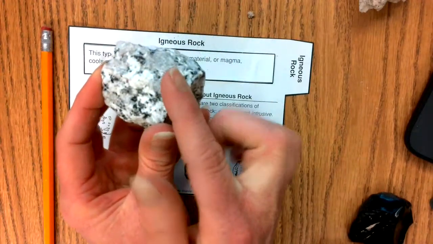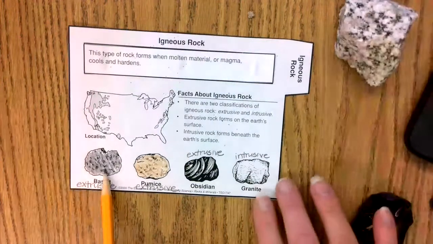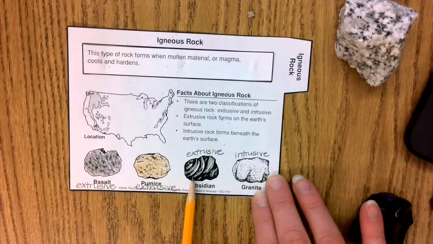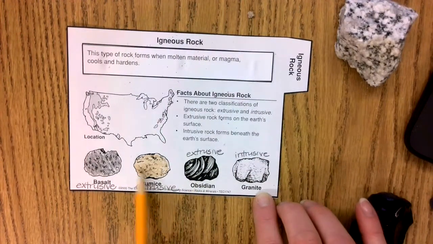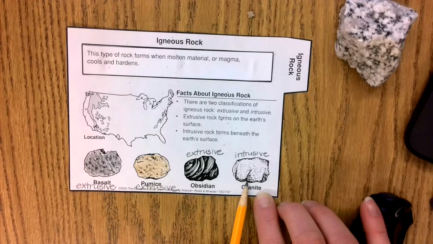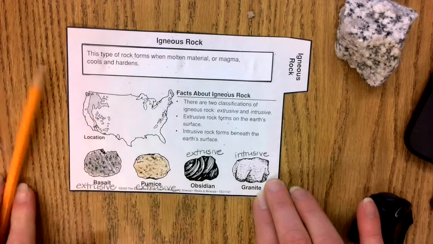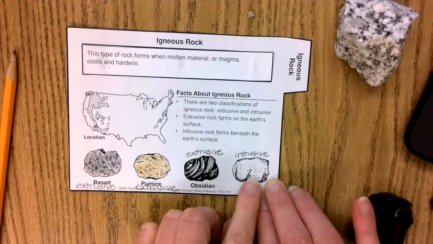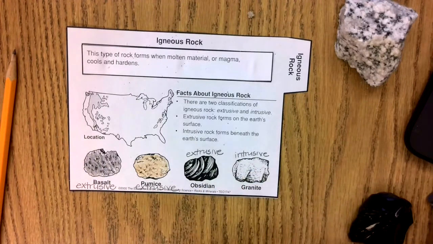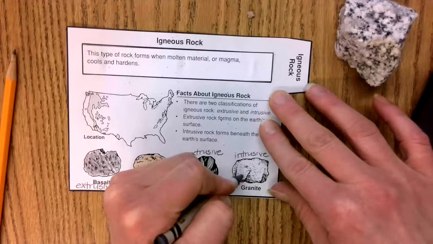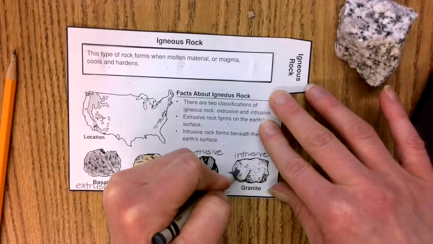So this is formed in the earth. So these three formed from lava. They are extrusive. And this one is intrusive, the granite. And if you want to color the granite with some kind of gray and black spots, you can do that.